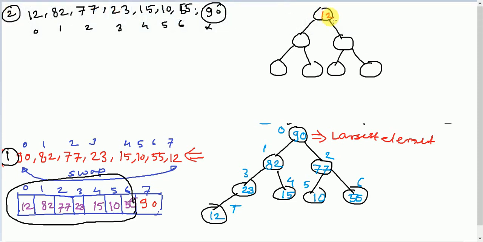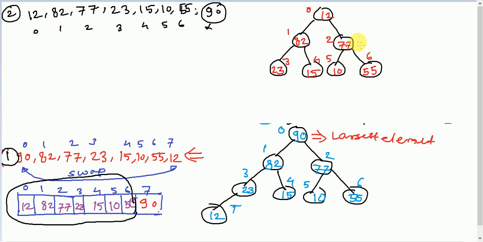12 is there, 82, 77, 23, 15, 10 and 55. This is at index 0 through index 6.